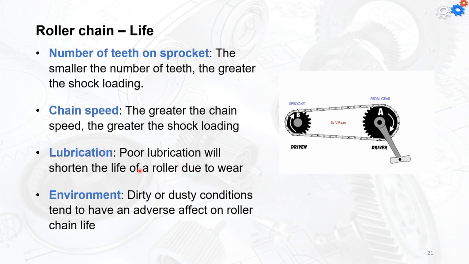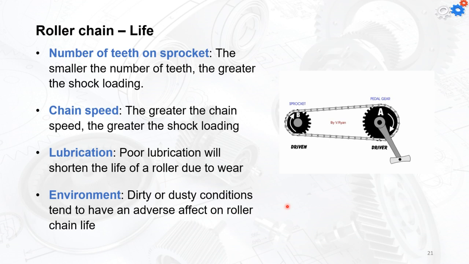Poor lubrication will shorten the life of the roller due to wear. And for the environment, dirty or dusty conditions will tend to have adverse effects on the roller chain. And that's actually what you have in your bicycle.